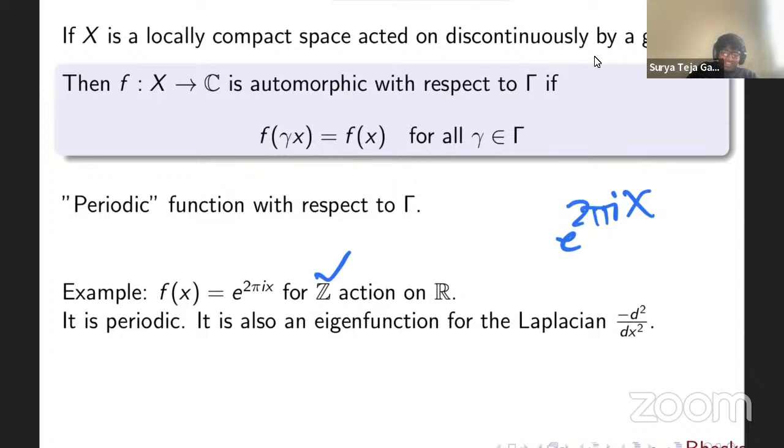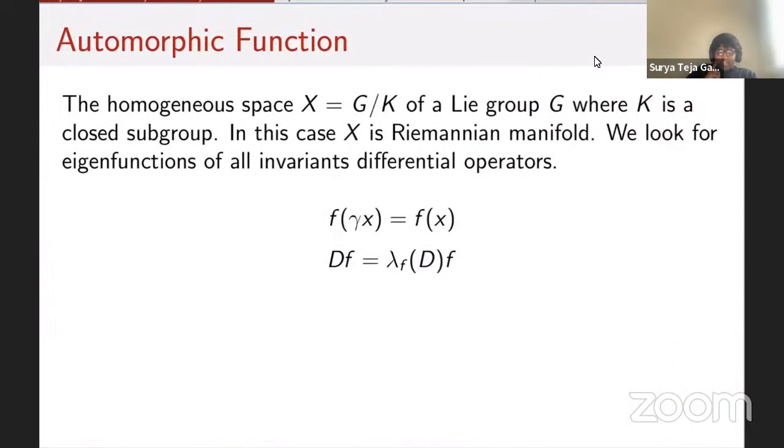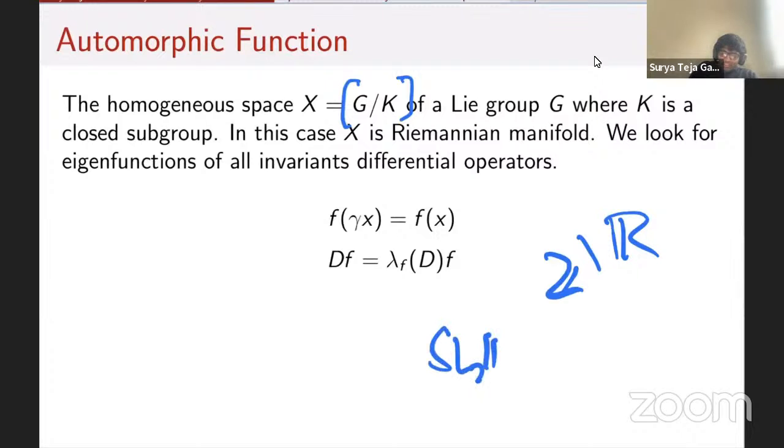In fact, this function is also an eigenfunction for a second order operator, the Laplacian. So we had R and Z. Instead of R and Z, we can take other spaces that are important for number theory or geometry. For instance, you can take any Lie group. Think of SL2(R) or SLn(R).